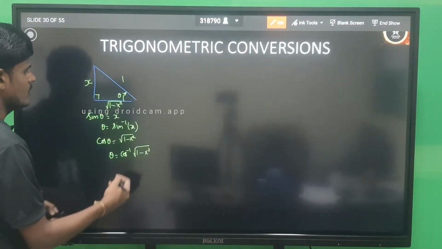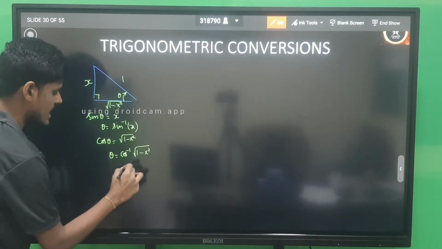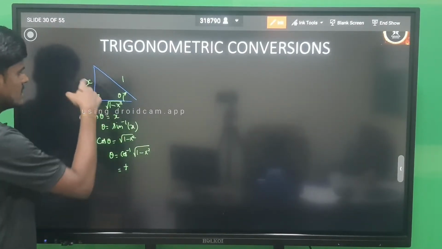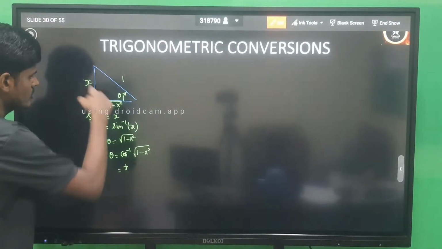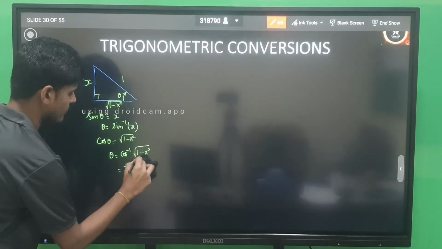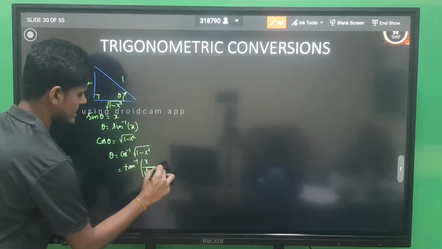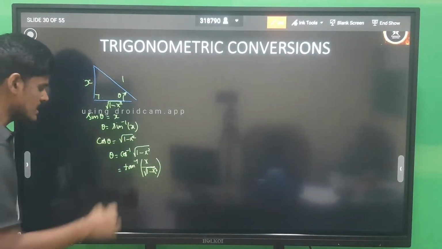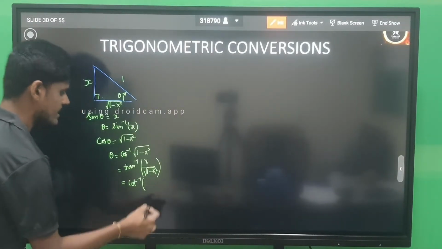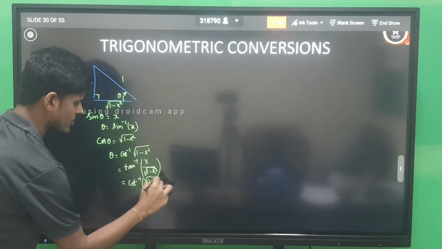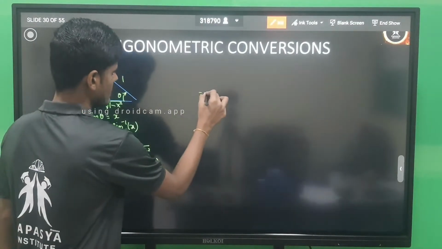Now similarly we can do it for tan, cot and other functions. We can directly write what tan theta is. Tan theta is perpendicular by adjacent. So this will be tan inverse of x by root of 1 minus x square. What is cot theta? This is cot inverse of, cot and tan are reciprocals, so it will be root of 1 minus x square by x. What is secant theta?